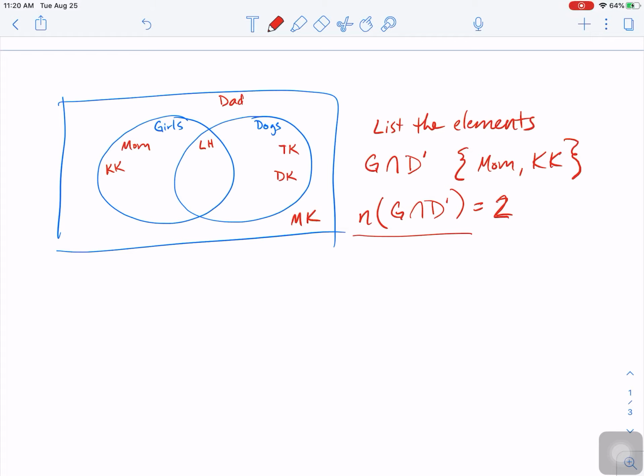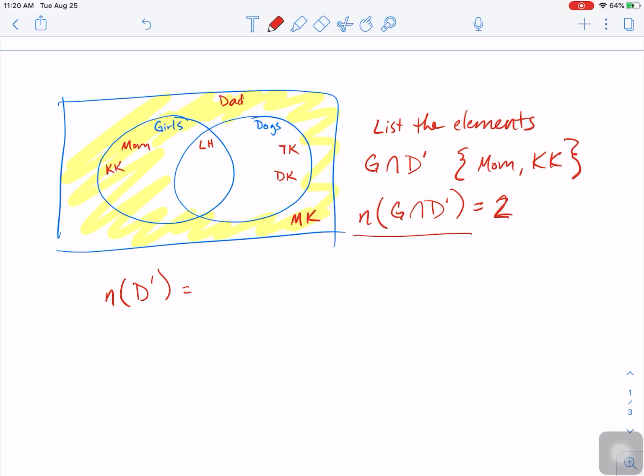I could continue. Say find the number of elements in not dogs. That would be everything outside of the dog world. If I list them, that's mom, dad, me, and my brother Mike. I like dogs, I just am not home enough.